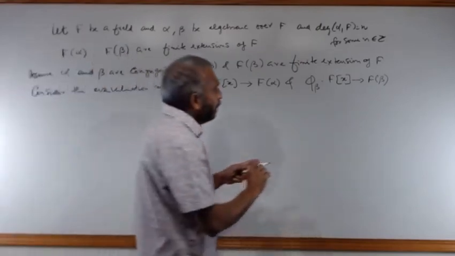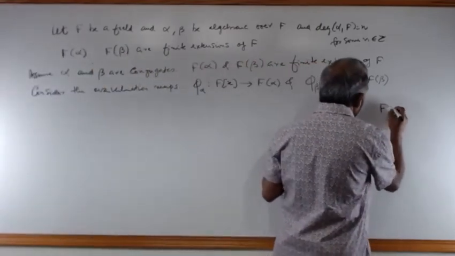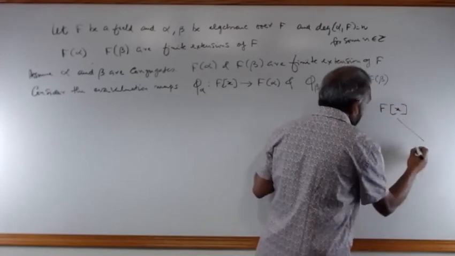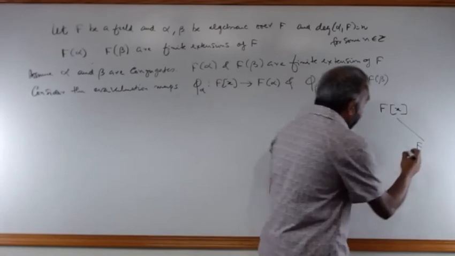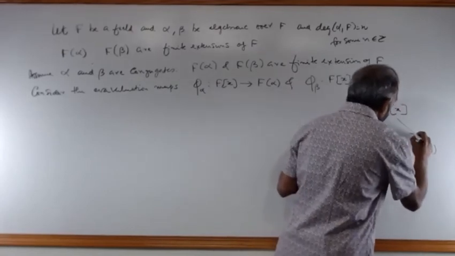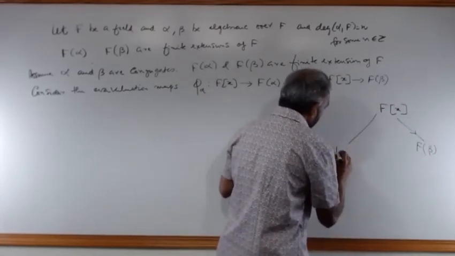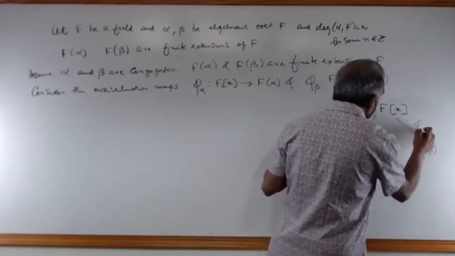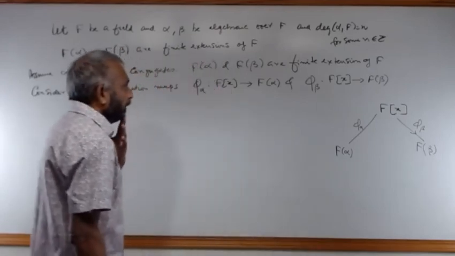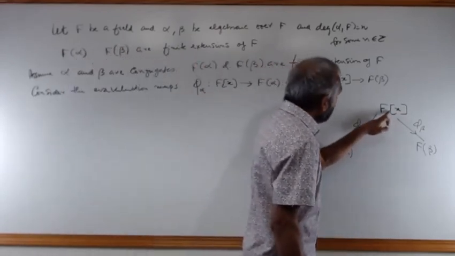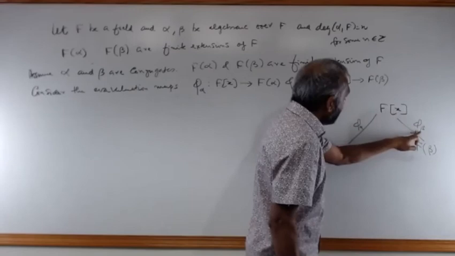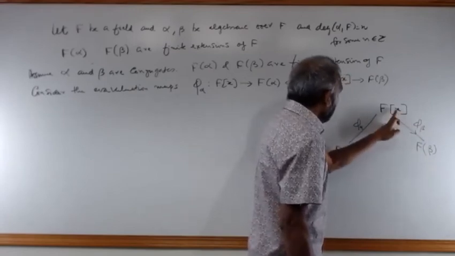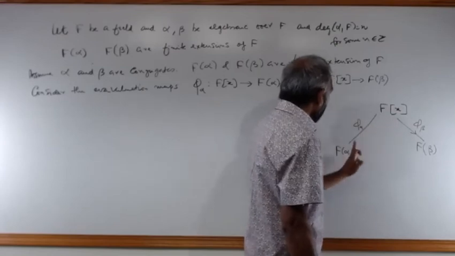So we have F[x] here, and we have F(beta) here, and F(alpha) here. This is our phi of alpha, this is phi of beta. Take a polynomial from here, replace x by beta, you get the element here. Take a polynomial from here, replace x by alpha, get the element here.